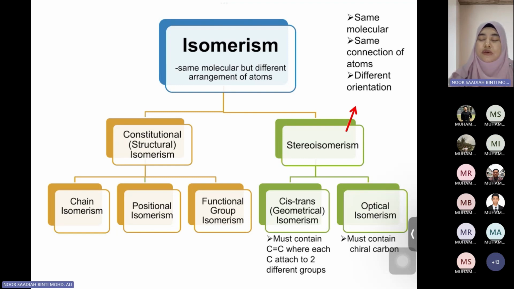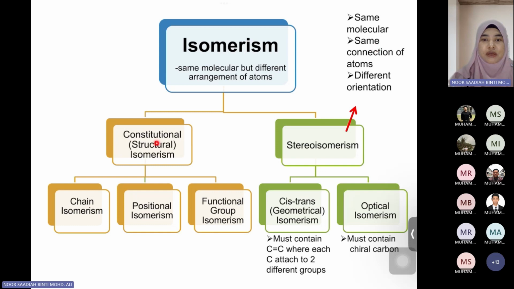According to the description, to predict the existence of stereoisomerism, we can refer to this point, in which stereoisomerism is referring to the existence of organic compounds having the same molecular formula, same connection of atoms. So this one is crucial. This one is to be highlighted because this marks the difference between stereo and the constitutional just now.